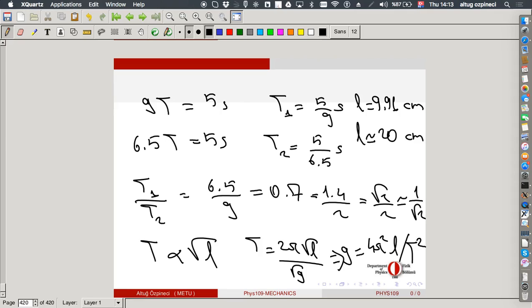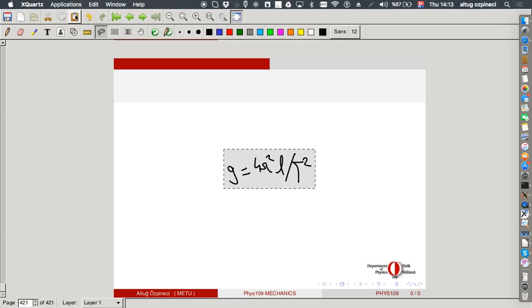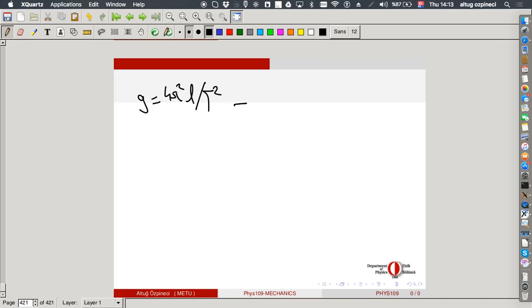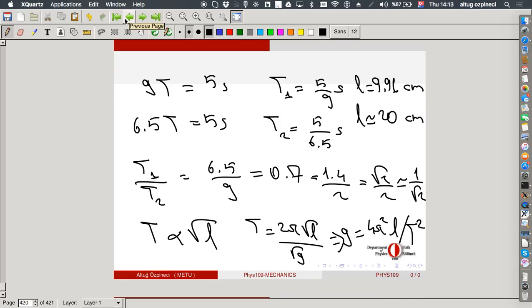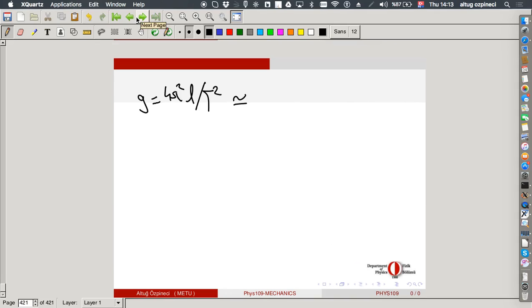If you don't have a calculator, this should be approximately, let's see, when L was 10, period was 5 over 9, 4 pi squared 10 centimeters divided by 5 over 9 seconds squared.